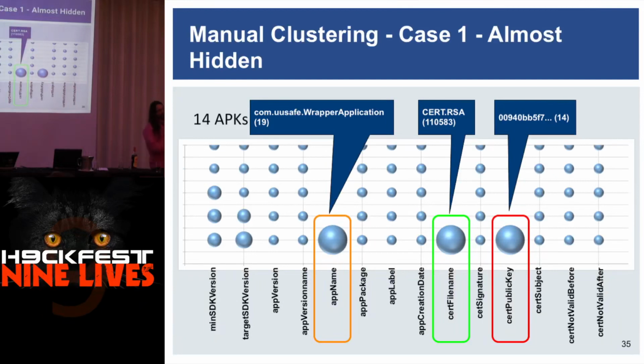It's cert.rsa. There's more than 100,000 malware that does that. For the application name, they use com.uusafe.wrapper.application. There are 19 malware that do that. We've got a cluster of 14. So this is a bit more focused.